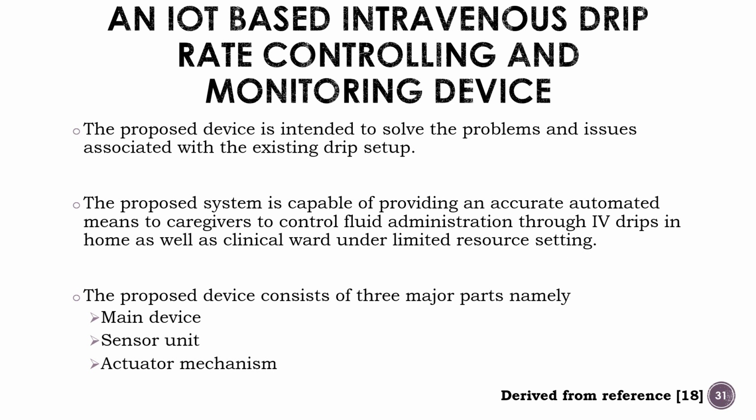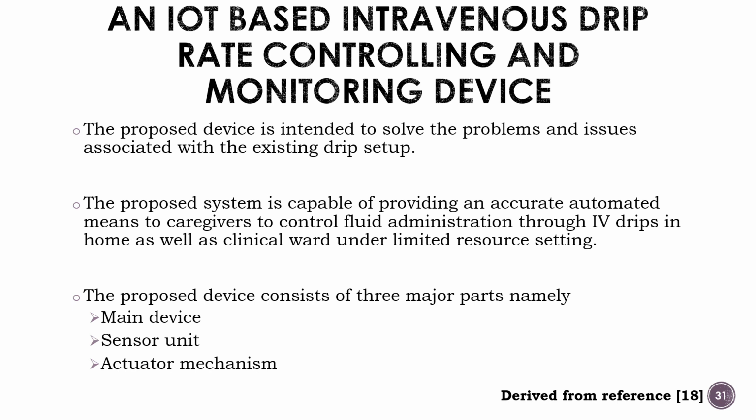So moving on to the next system, that would be an IoT based IV drip rate controlling and monitoring device. The proposed device is extended to solve the problems and issues associated with the existing drip setup.